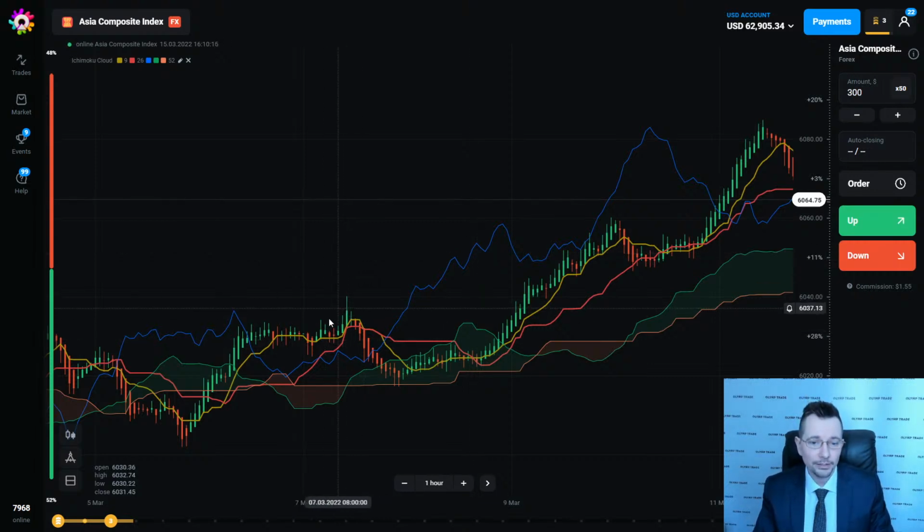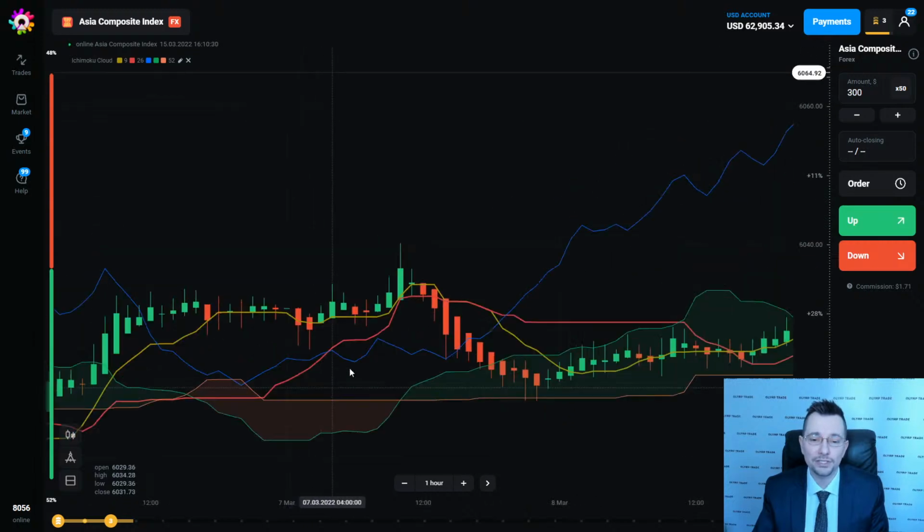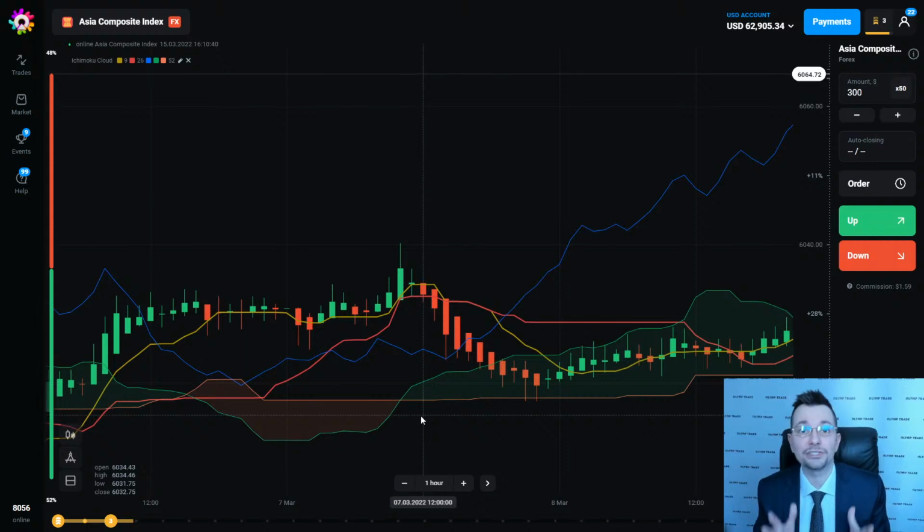Like right here, you can see that we are high above the cloud, which was green, then it turned red, which was a signal that the move is becoming slower, that there is a slowdown in momentum. As a red cloud, you see how this area was flat, and this area slowly got higher and higher. So this is an indication that we are likely going to change the trend.